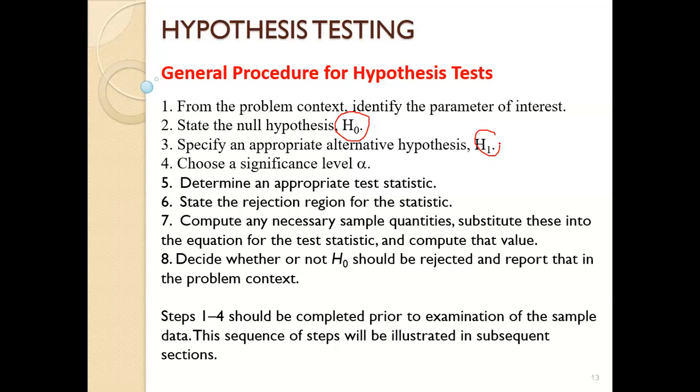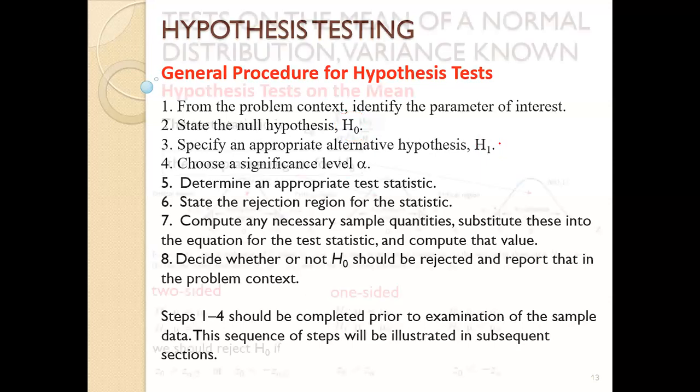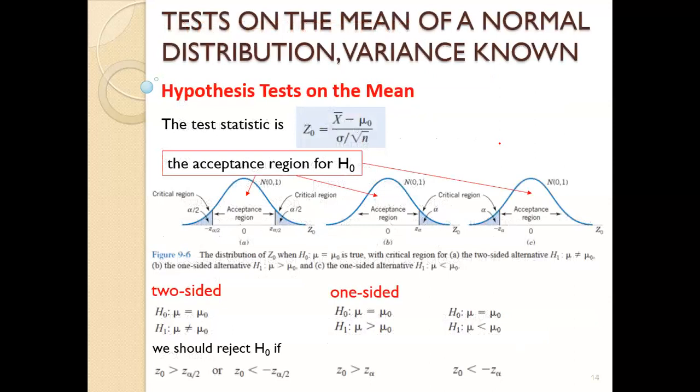If you accept, that means you accept H0. If you reject, that means you reject H0 and accept H1. You have only H0 and H1. Okay, I think for the first case, we have many cases. The first case is if your data is normally distributed.